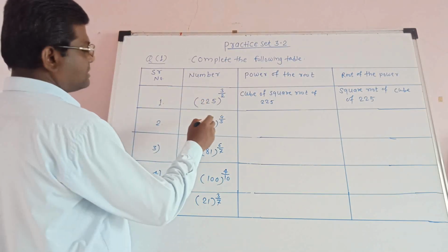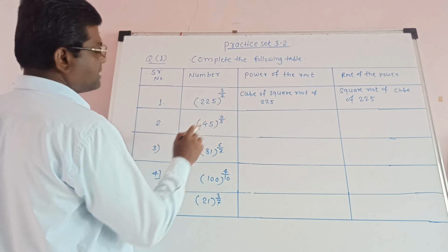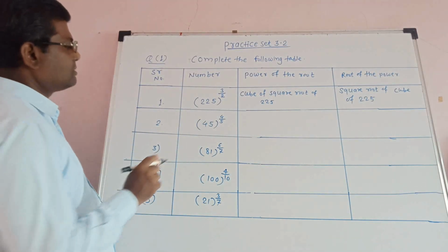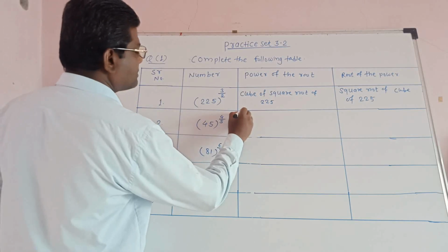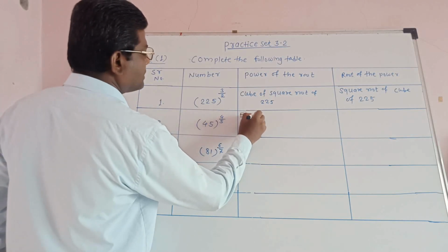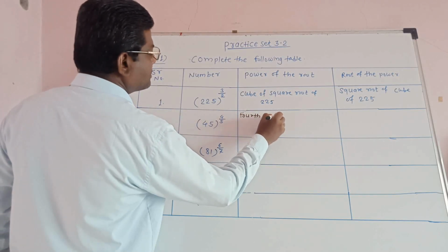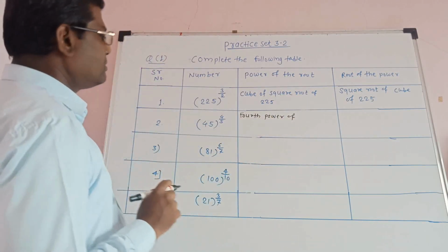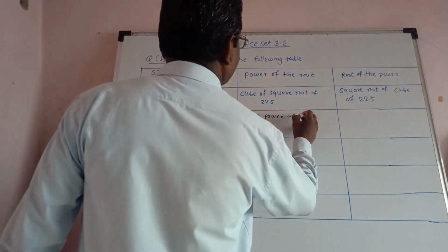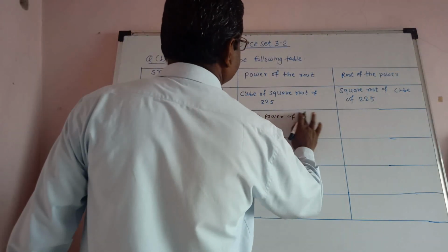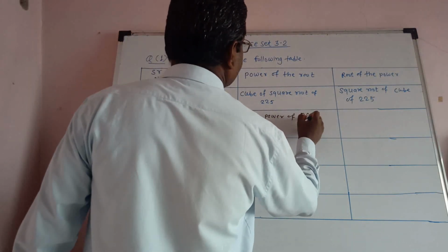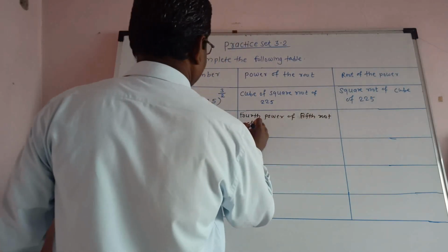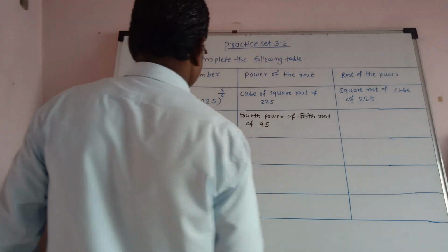Now example number 2. This 4 indicates power and 5 indicates root. So fourth power of fifth root of 45.